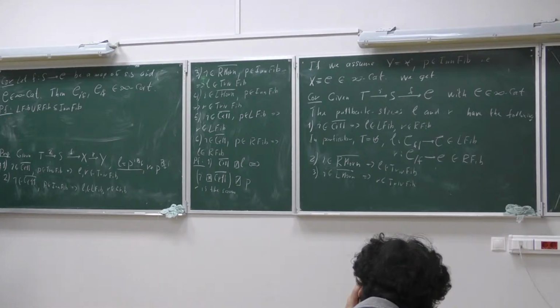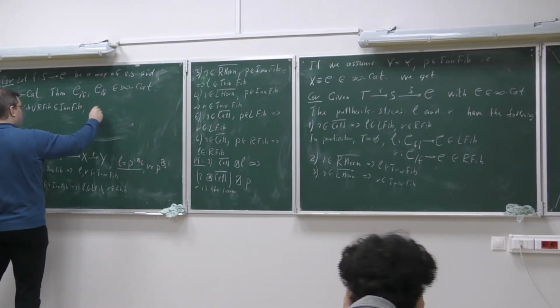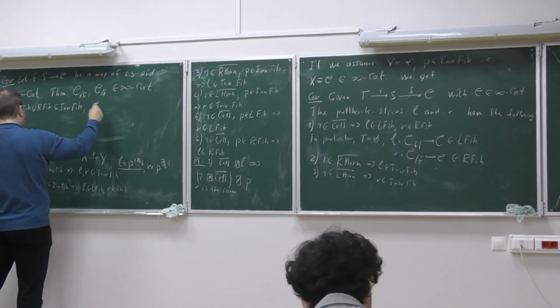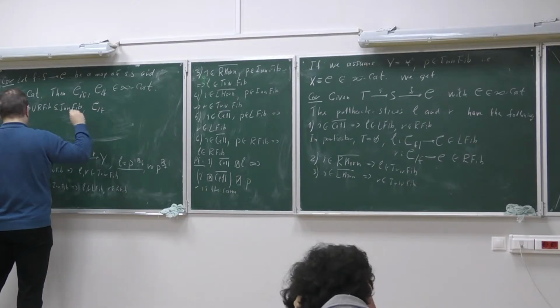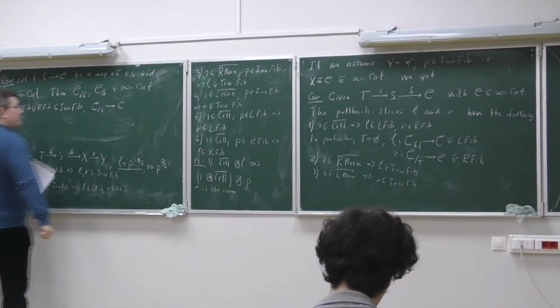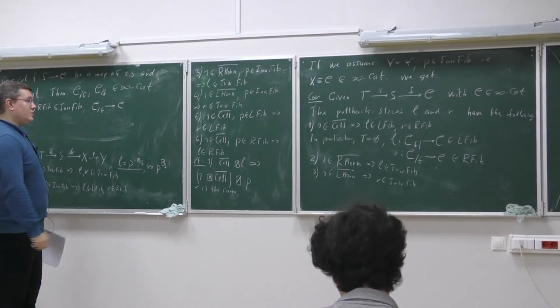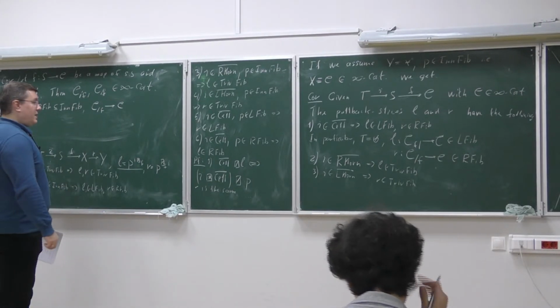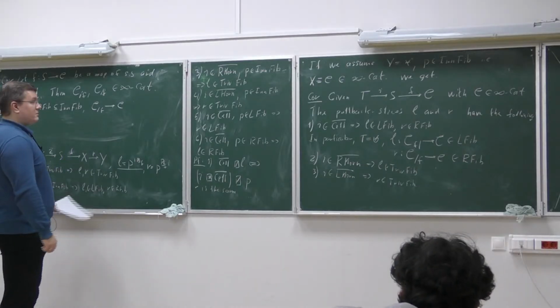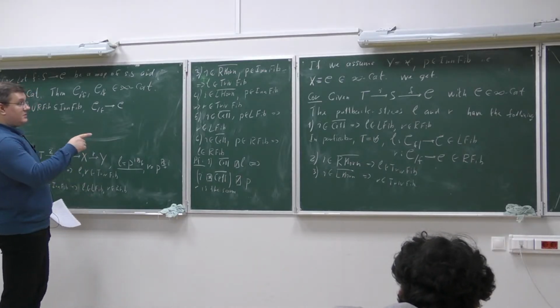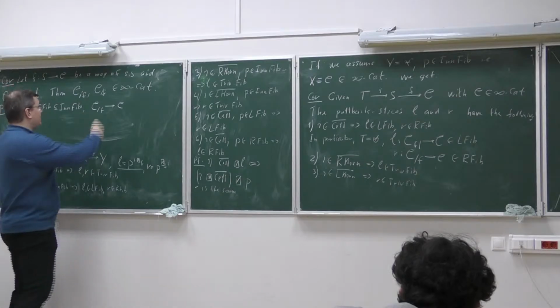But then, if I look at one of the slices, for the other slice it's exactly the same. So I have a map like this from the slice to the simplicial set, which happens to be an infinity category here. But what's this slice? So this is R, right?